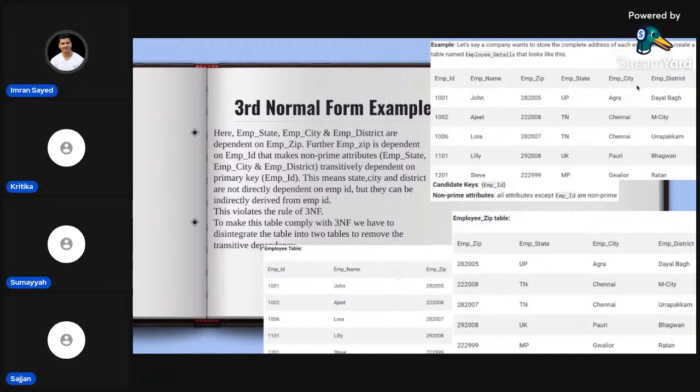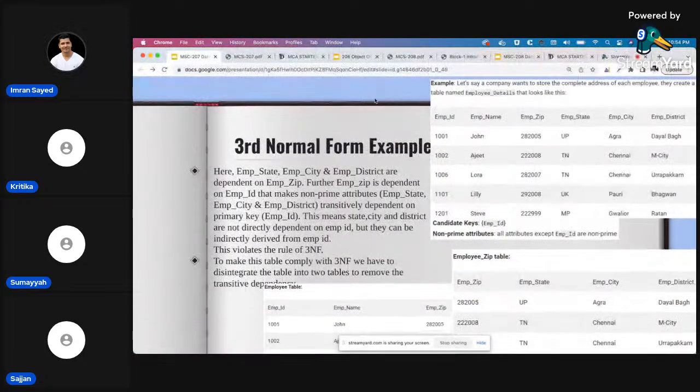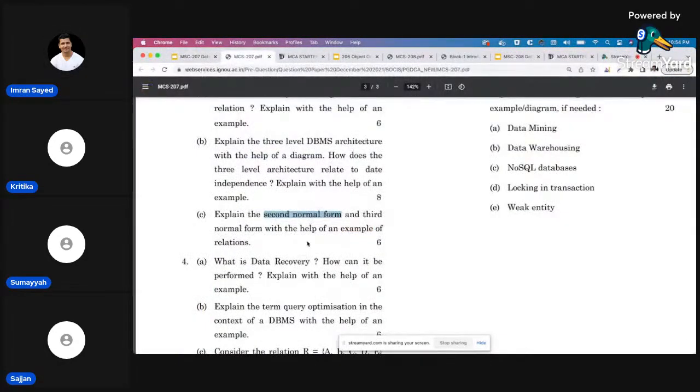Because all of these attributes were dependent on zip, we put them in a group. So state, city, district are now directly dependent on zip, which satisfies the condition of third normal form. And here we have the zip code and the employee name, which are directly dependent on employee ID. So now they are together, they all are happy. So I think we answered second normal form and third normal form with example, which is great.